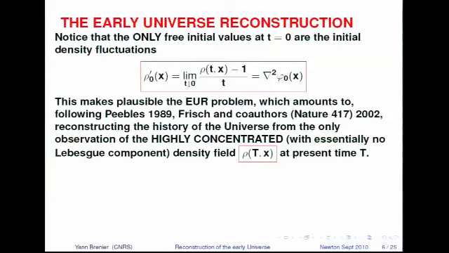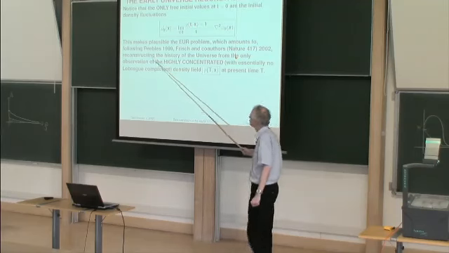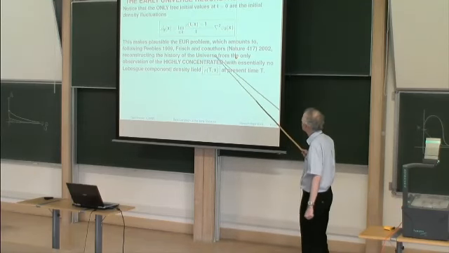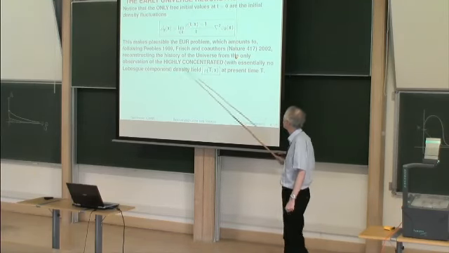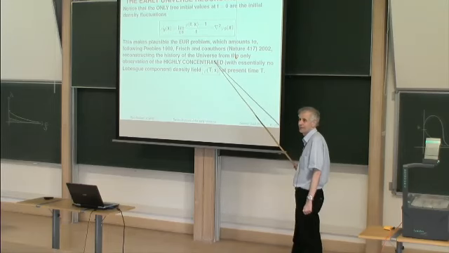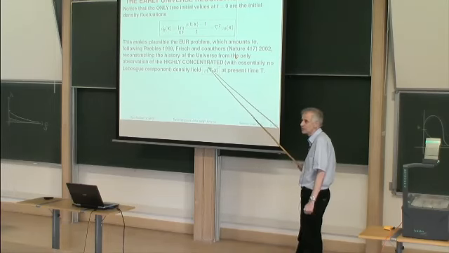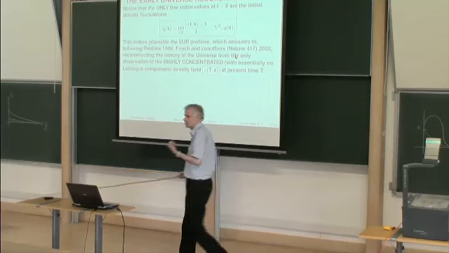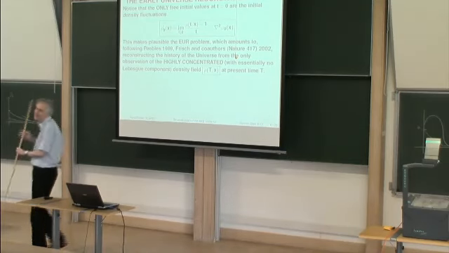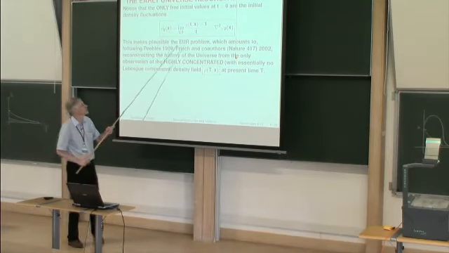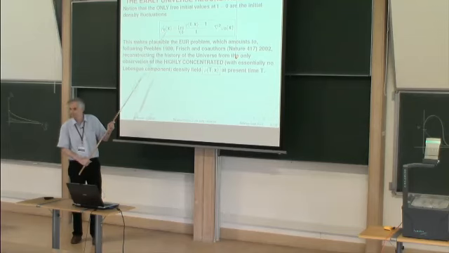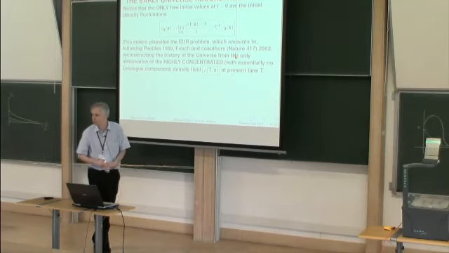And so this makes plausible the EUR problem, so early universe reconstruction. For instance, you can look at the paper of Frisch in Nature. This is the idea that you might be able to reconstruct the history of the universe from the only observation of the present density field, rho at time capital T. Because you are observing one scalar quantity, it makes sense to be able to reconstruct this scalar field, which is enough in some sense to start the evolution.